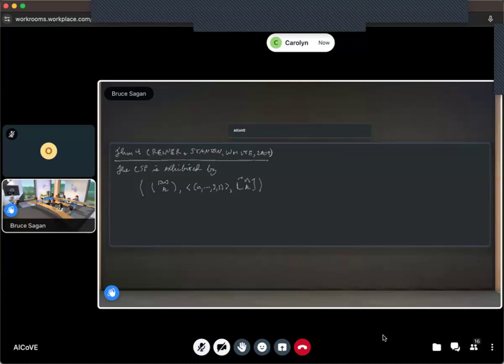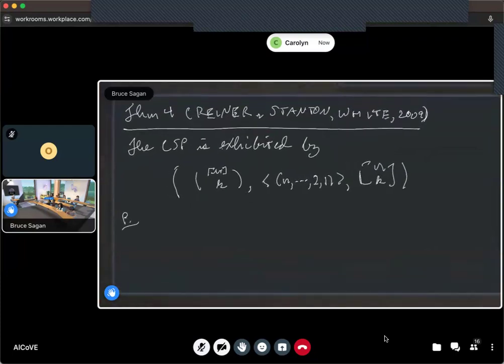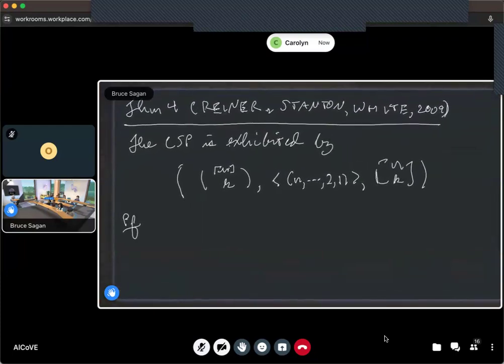Okay, so this is going to be done by a sequence of claims. The first claim is, and this is just for general group actions, it doesn't have anything specific to do with this theorem: let G act on X, and so on the k-element subsets in the way that we showed.